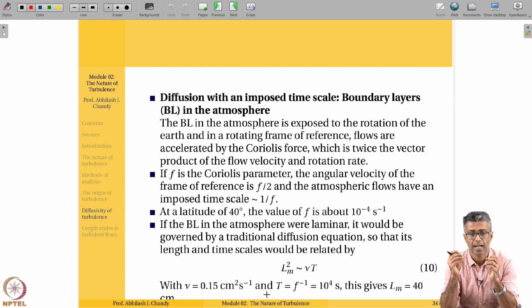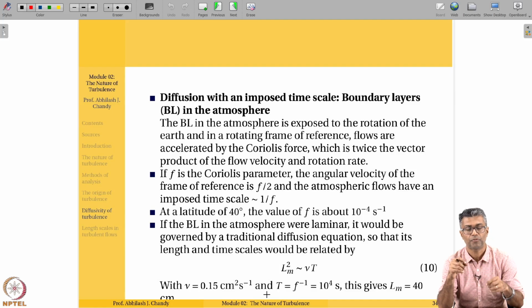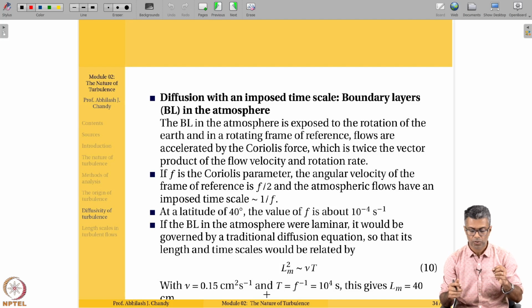So, as you know, the boundary layer in the atmosphere is exposed to the rotation. In a rotating frame of reference, we have a Coriolis force that is involved, right? This Coriolis force is twice the vector product of the flow velocity and the rotation rate.